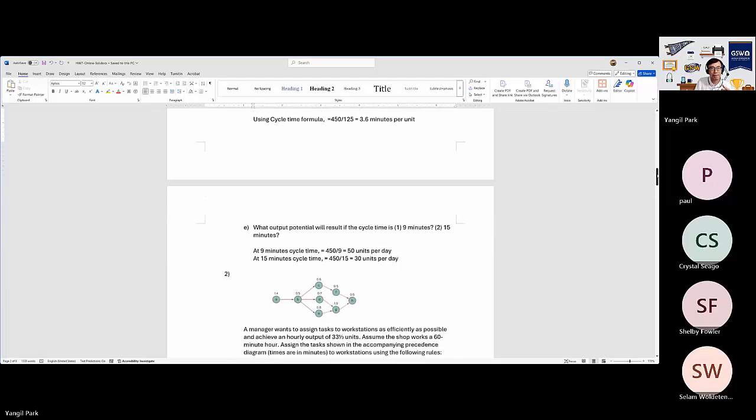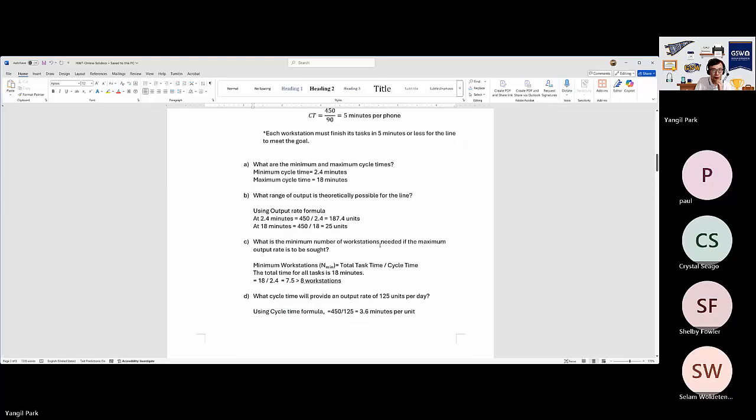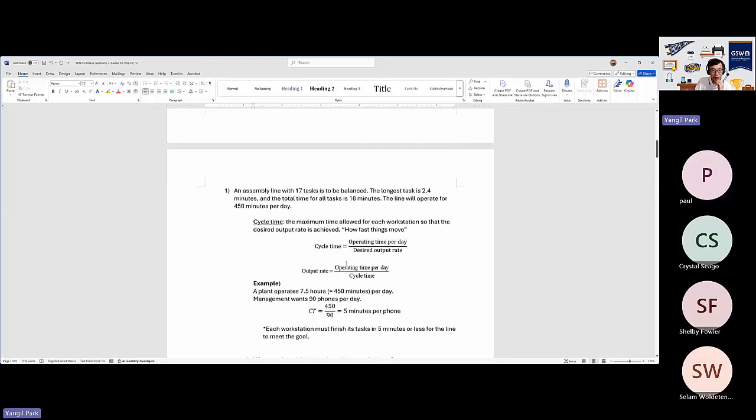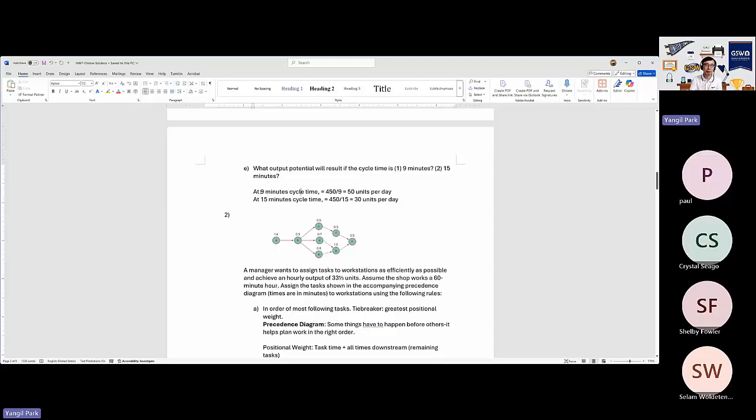Then the last one is, what's the potential output if the cycle time is now different, 9 minutes and 15 minutes? Again, put it into the same formula, and we'll have the potential output in units for a 9 minute cycle time and a 15 minute cycle time.